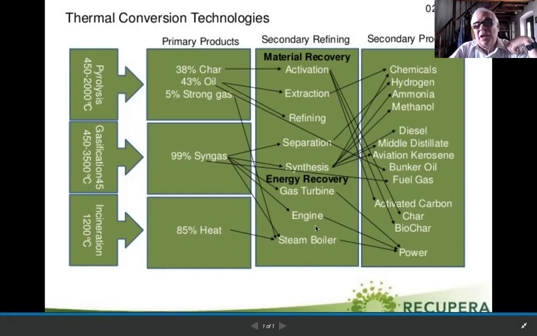And this heat you can, of course, couple to a boiler, and then you produce steam. And with the steam, you have power. So here you have, of course, power, and you can do power to X if you want, but you have power from incineration. So these are the 3 processes, very well explained.